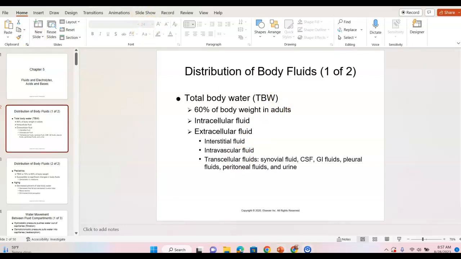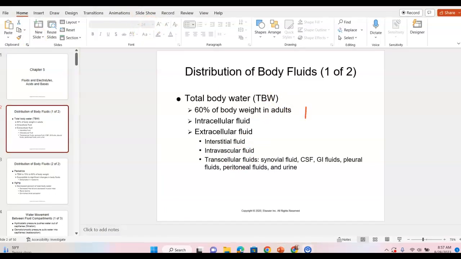A water molecule, H2O, has just a slight charge across it. Oxygen has a little negative, hydrogens have a little positive.